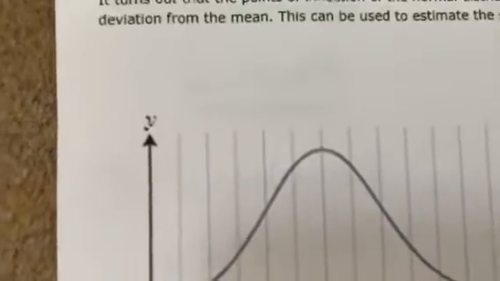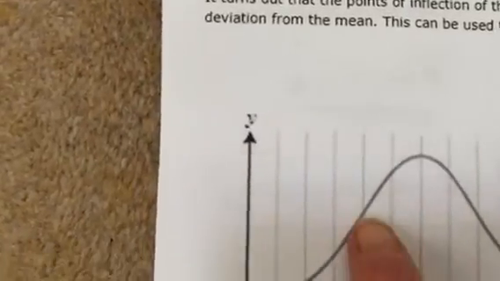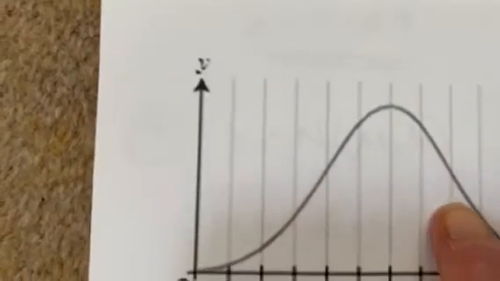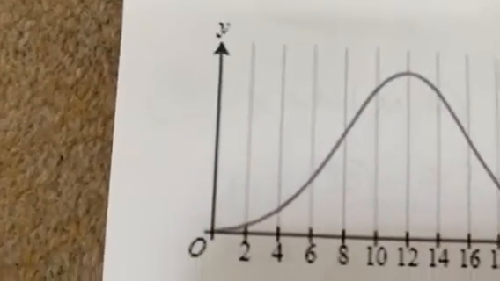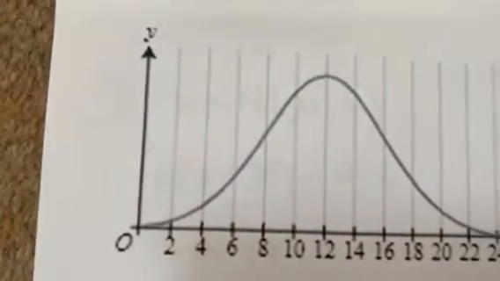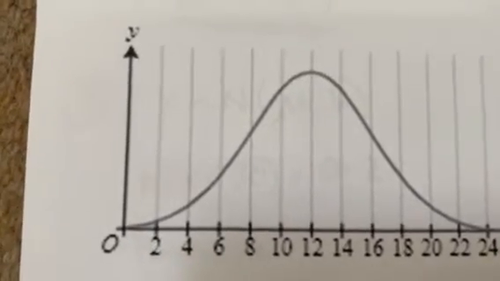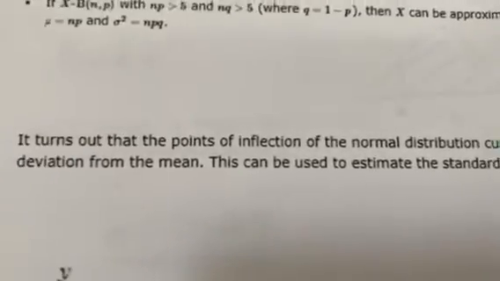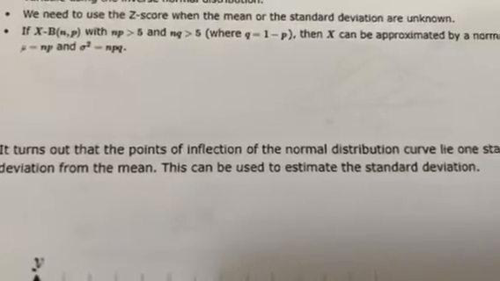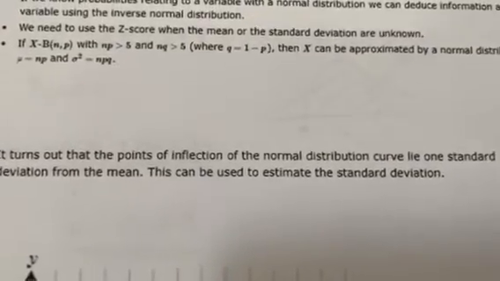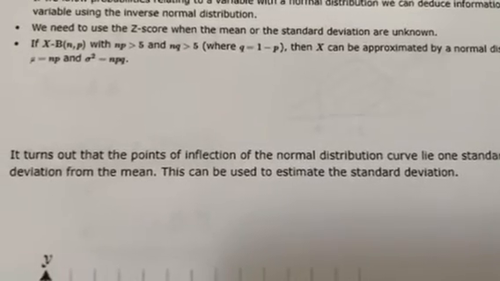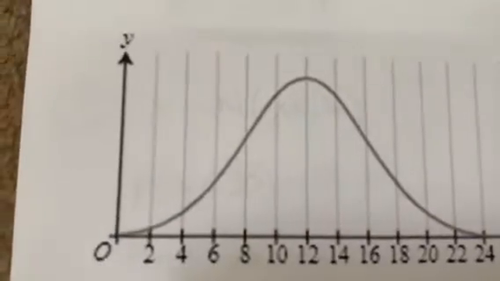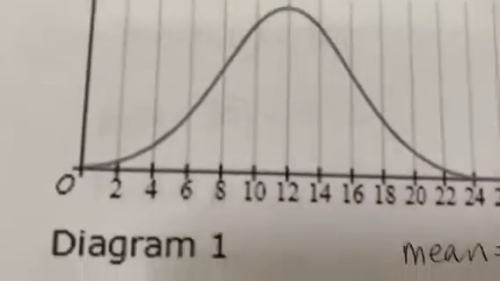There's a point of inflection at 8, and there's a point of inflection at 16. You've done quite a lot about points of inflection in the pure part of your A level. The points of inflection of the normal distribution curve lie 1 standard deviation away from the mean. So we're going to now use this curve to estimate the standard deviation.